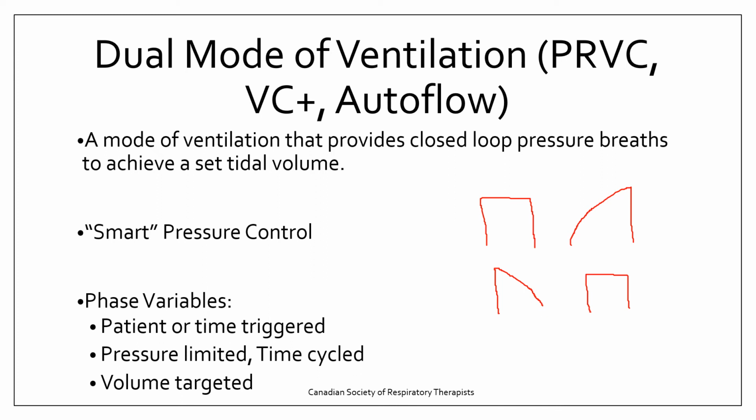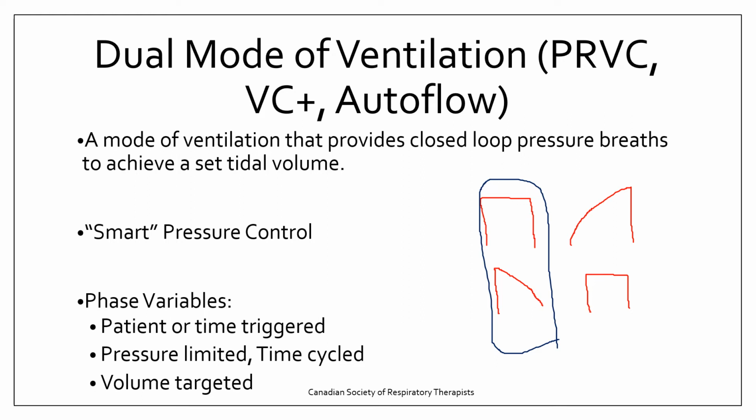So now with this dual mode of ventilation, we get these nice pressure breaths. The breaths look like this. We're delivering that pressure throughout the breath, but we're going to target a volume. So we're going to set a volume and target that volume. So it's kind of a smart pressure control. It uses closed loop communication on a breath by breath basis.